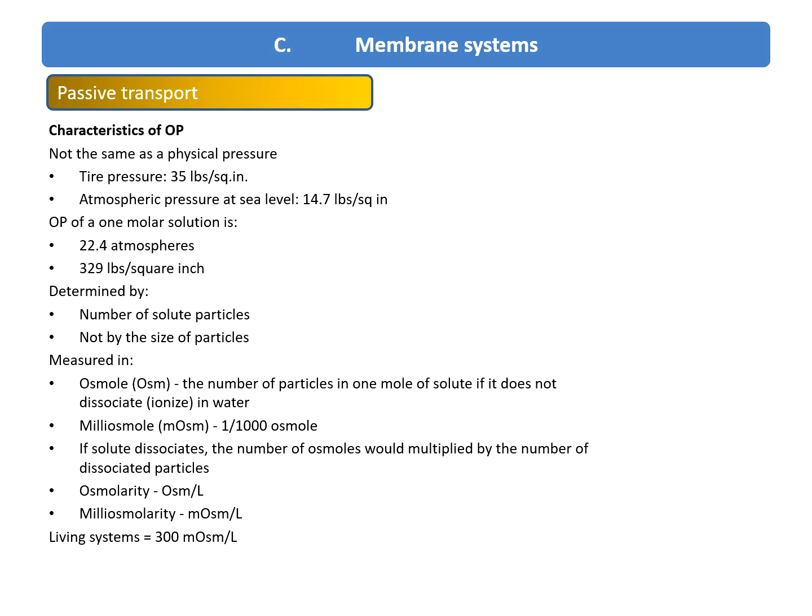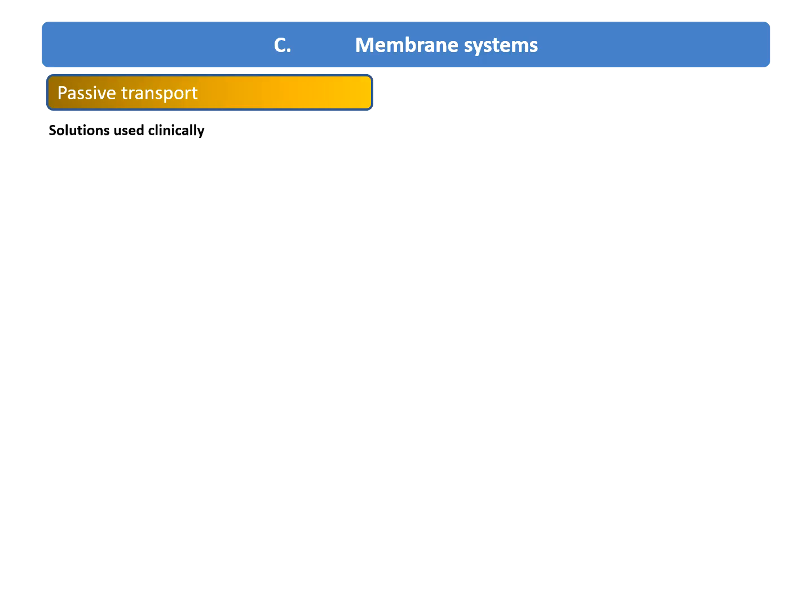In living systems, the osmotic pressure is about 300 milliosmoles per liter. In solutions that are used clinically, again, living systems have an osmotic pressure of 300 milliosmoles per liter.